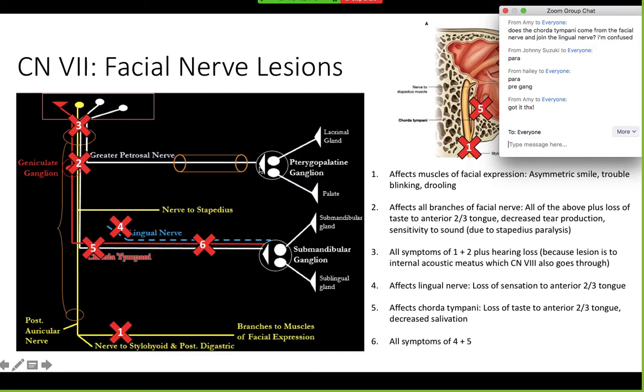So basically you're going to have a lot of deficits. And he talked about what is the clinical problem described by number 2? Like if we were to give this a name, what would we call it? Yeah, Bell's palsy.